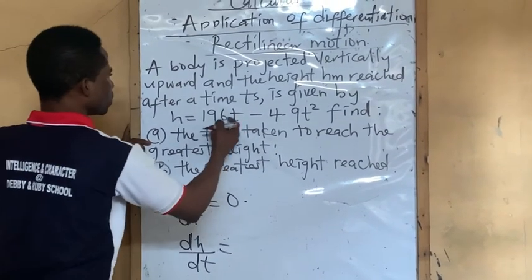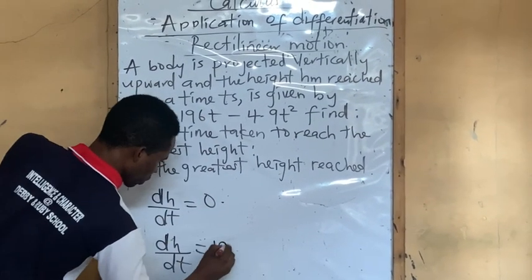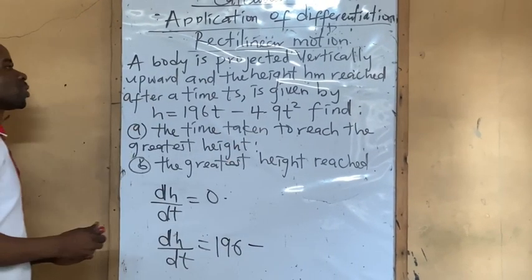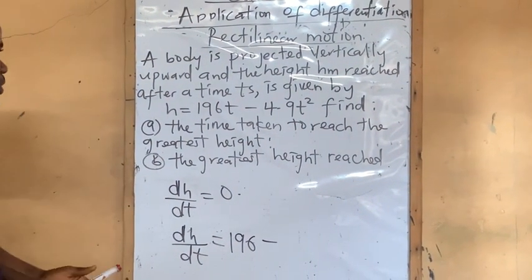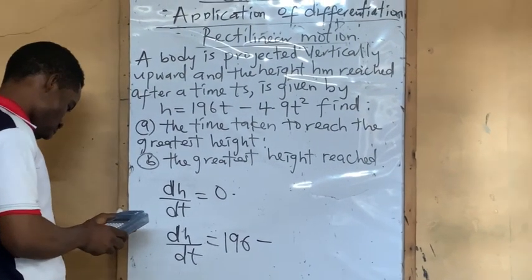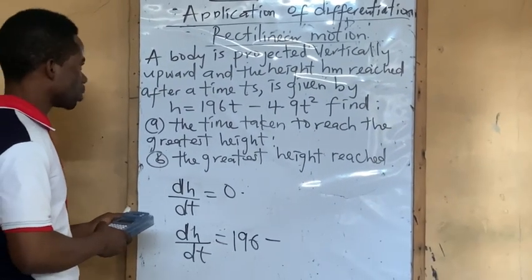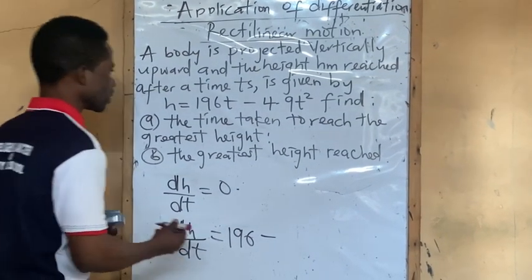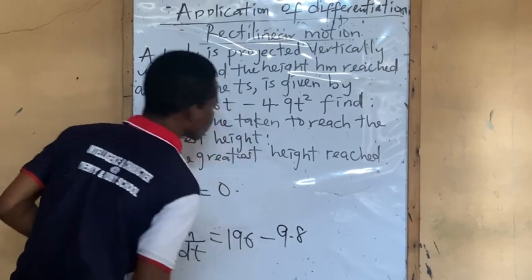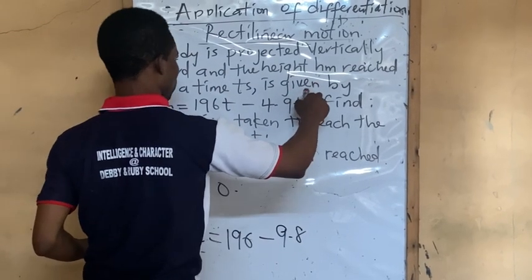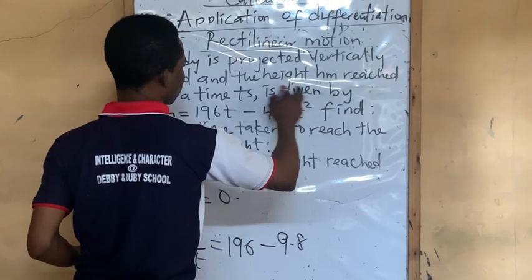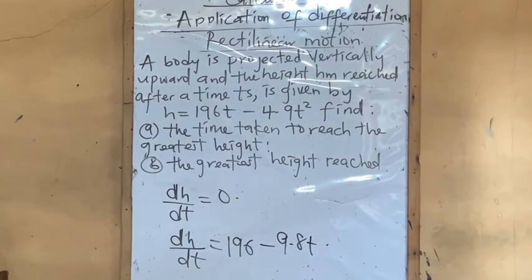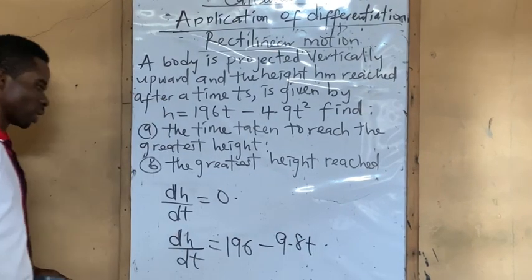If I differentiate this, 196t gives 196, minus 4.9 times 2, that is 9.8, and t to the power 2 becomes t.